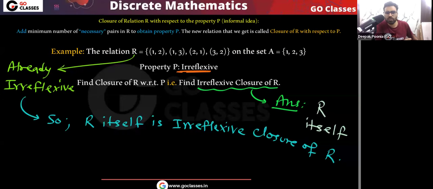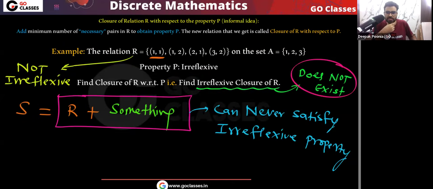If I ask you, irreflexive closure always exists, is this statement true or false? No, this is not true, because in the previous question, for that relation, irreflexive closure does not exist. And can I say irreflexive closure never exists?